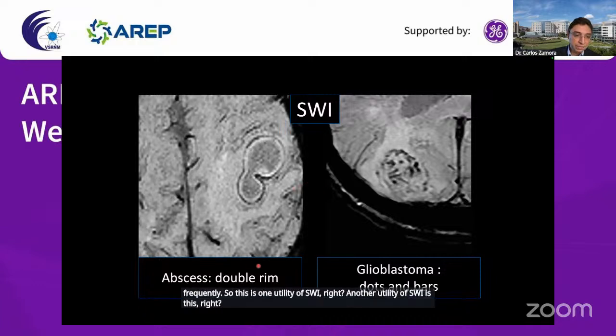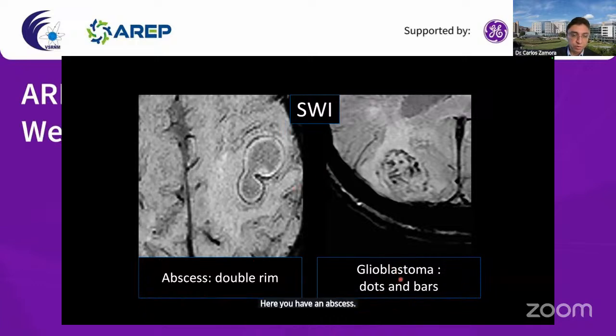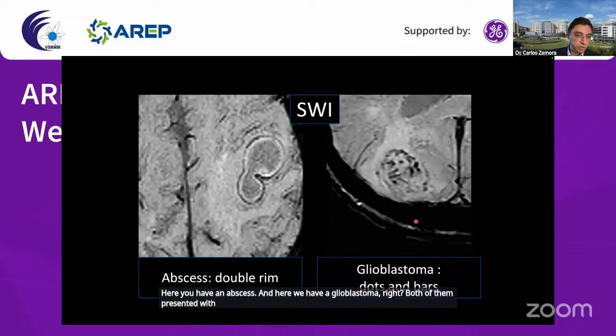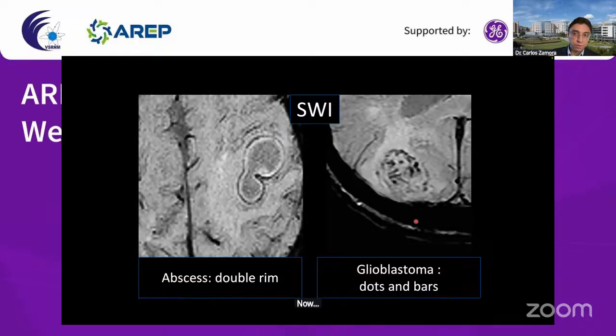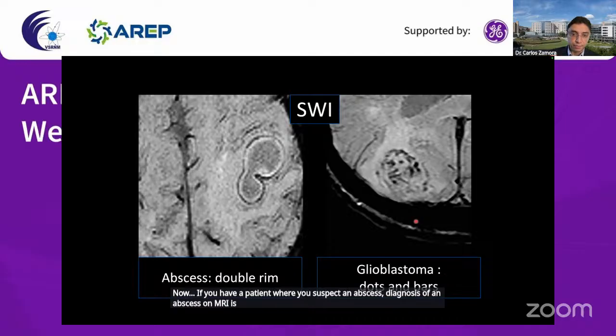Here you have an abscess, and here you have a glioblastoma, right? Both of them presented with a ring-enhancing lesion on the postcontrast T1. Now, if you have a patient where you suspect an abscess, diagnosis of an abscess on MRI is easy, right? You see a ring-enhancing lesion with central restricted diffusion, it's an abscess.